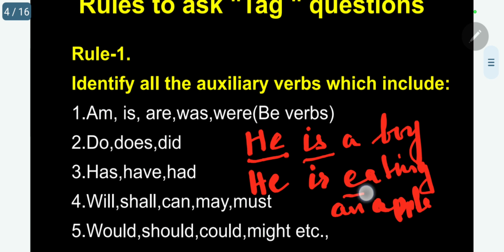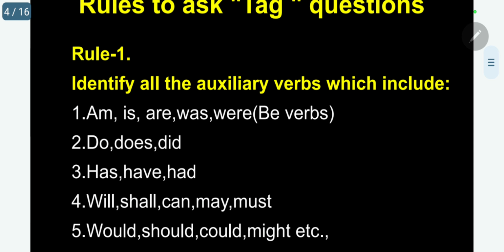So here the main verb is eat, coming in the form of a gerund, and the auxiliary is is. Please follow. So types 1, 2, 3, the primary auxiliary verbs, will act as a main verb as well as an auxiliary verb.